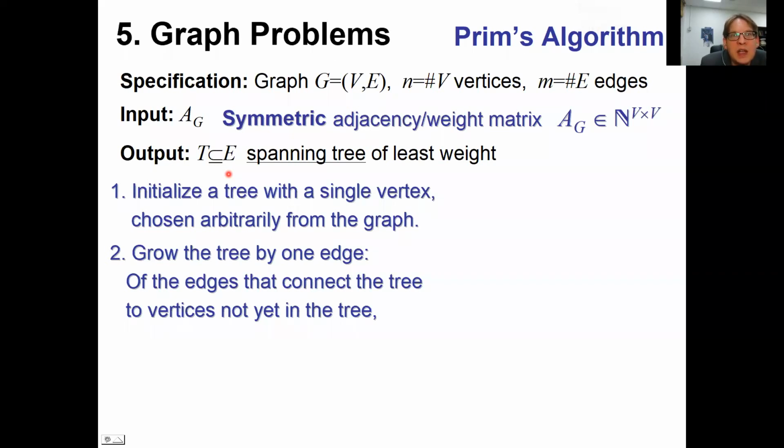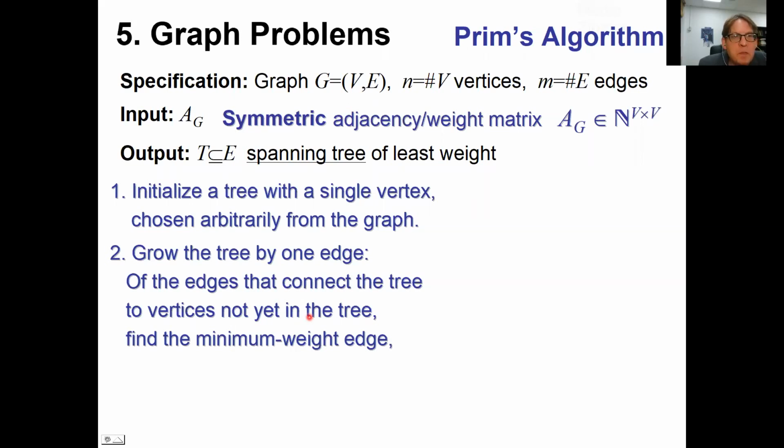We cannot add an edge between two vertices that are already part of the tree, because that would create a loop, right? And so the choice should be made among the edges to vertices that are not yet in the tree, as indicated here. And among these edges, Prim's algorithm chooses an edge that has least weight.